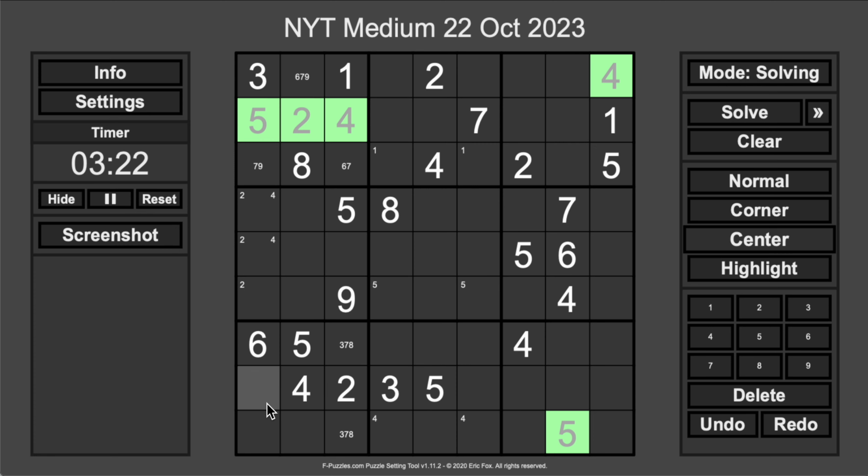This is definitely not 3, but could be any of the others. 3, 7, 8, 9. Well, this one takes 3 out. And this one takes, unfortunately, nothing out. Okay, that was not helpful.